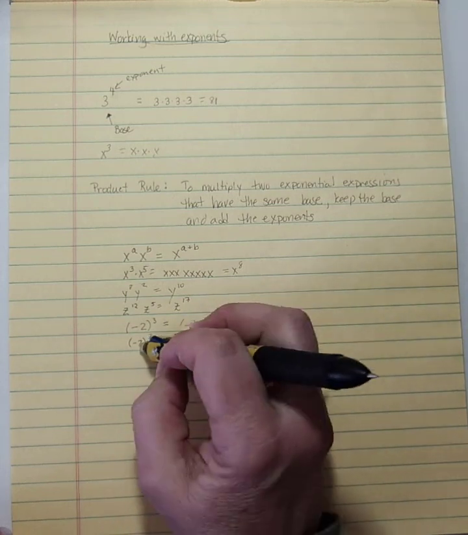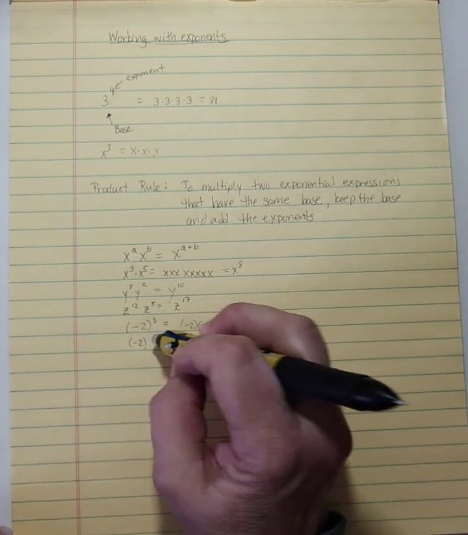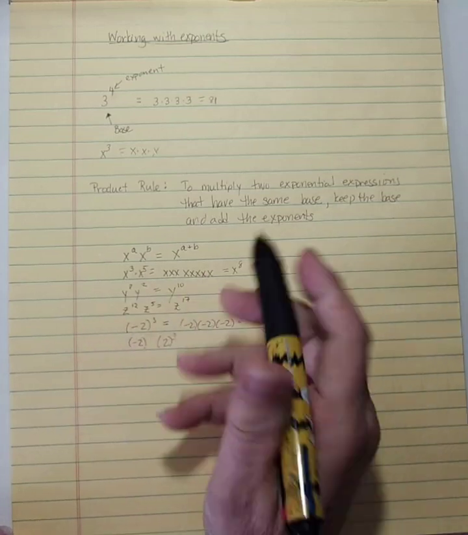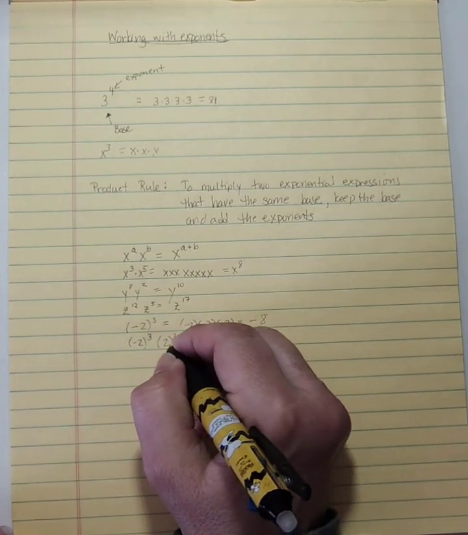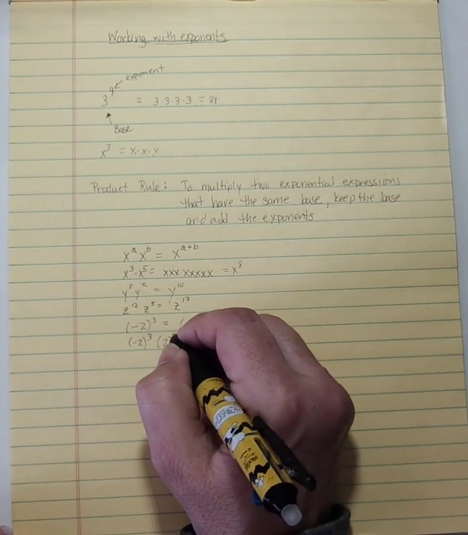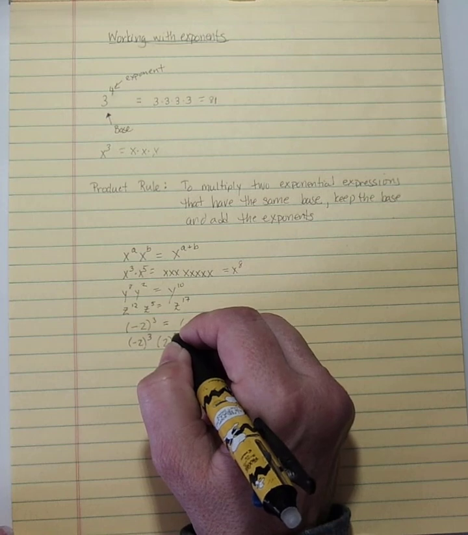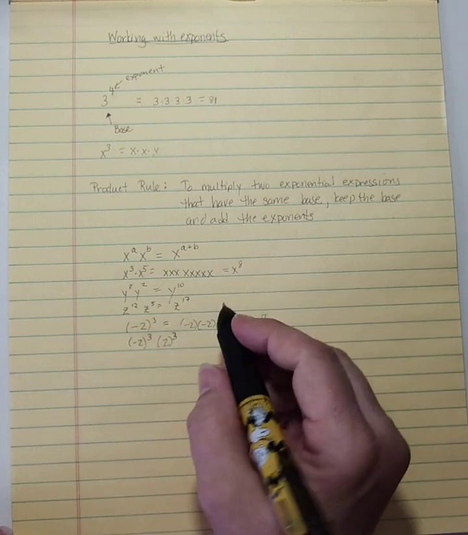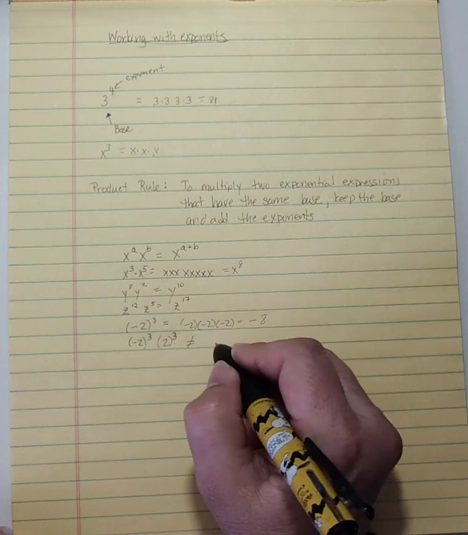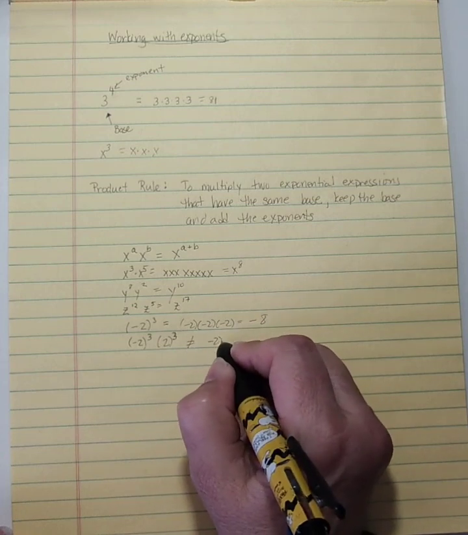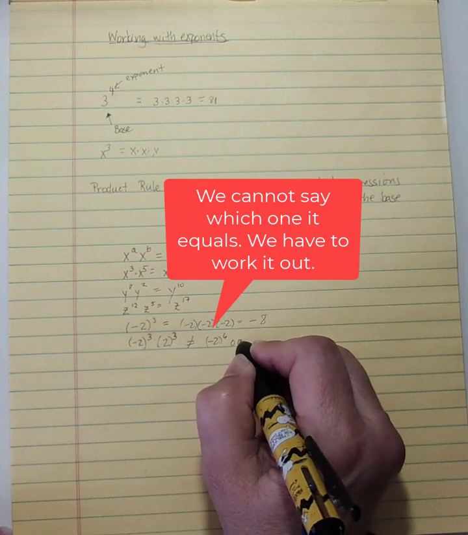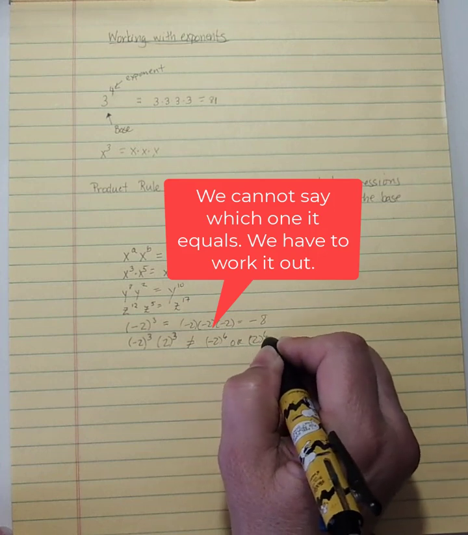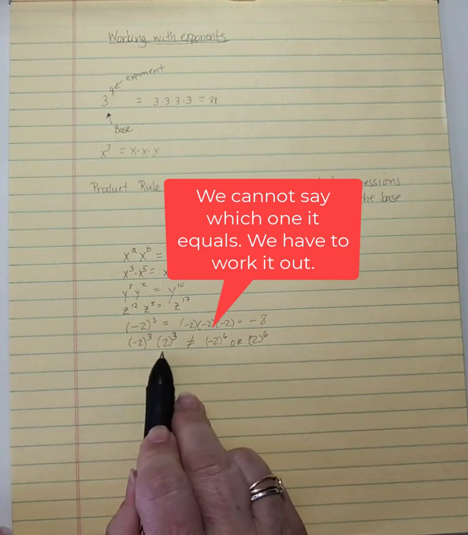Well, let's change this up. Let's say negative 2 to the third times 2 to the third. This does not equal negative 2 to the 6th or 2 to the 6th, because the base truly isn't equal.